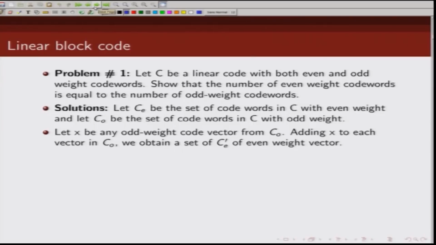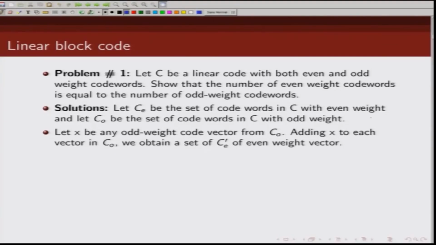Now let us consider an odd weight code word X, taken from this set C O, and let us add X to each of the code words in this set C O. If we add an odd weight code word to another odd weight code word, we get an even weight code word.